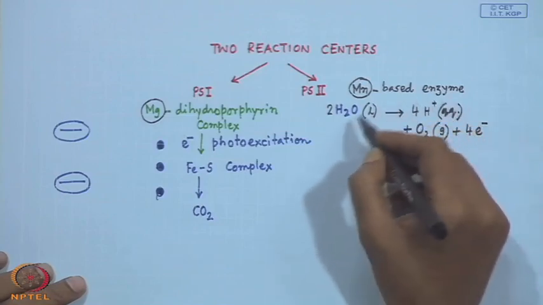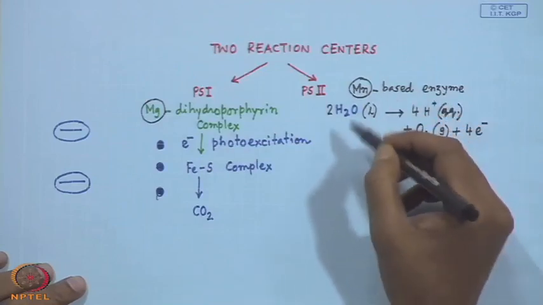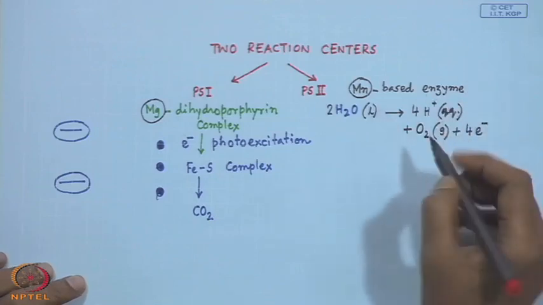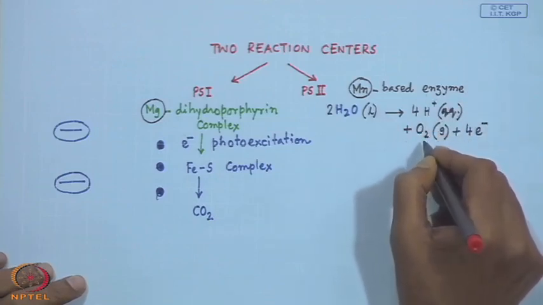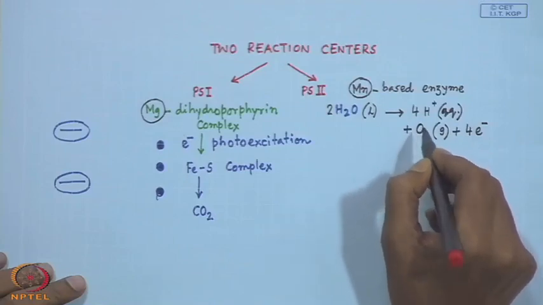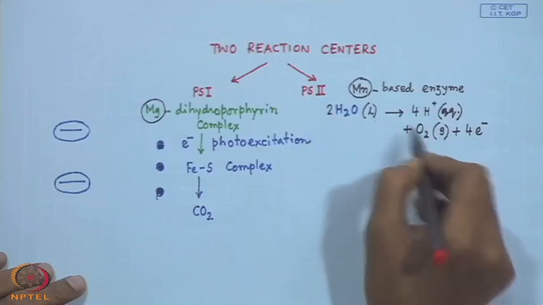So, this is also a complex system, because in the case of cytochrome C oxidases and other systems, when we go for respiration, we take in dioxygen, which is utilized for food burning, and we produce water molecules.